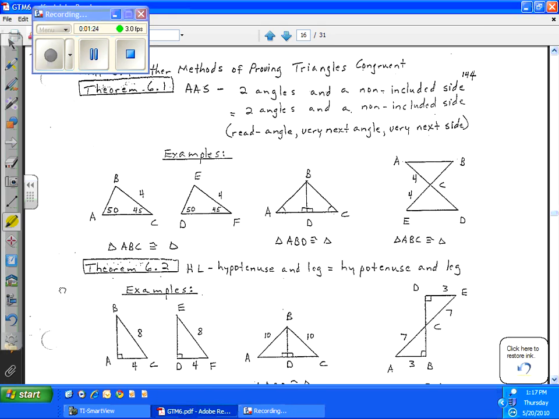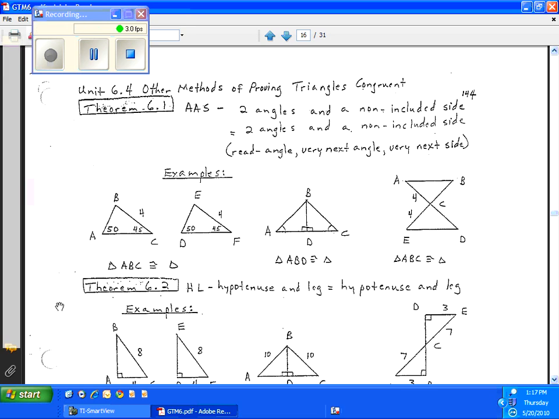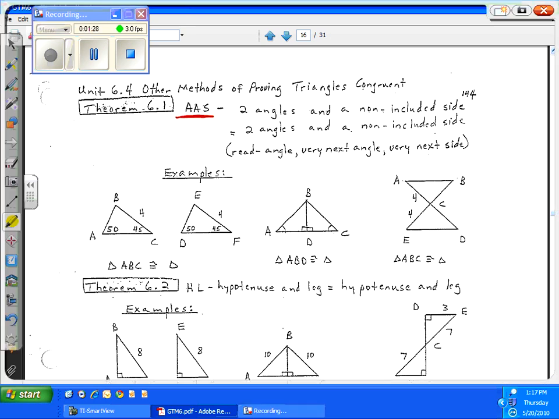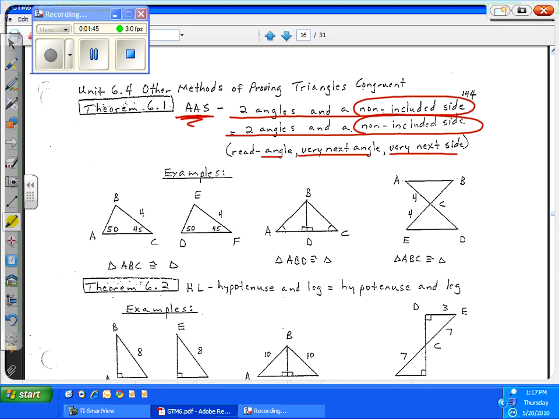So here we go with angle angle side. If two angles and a non-included side equal two angles and a non-included side, then they're congruent by angle, angle, side, and we read it angle, very next side when you look at the marks.